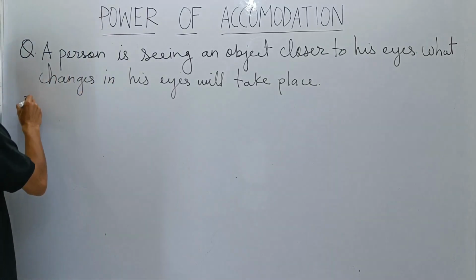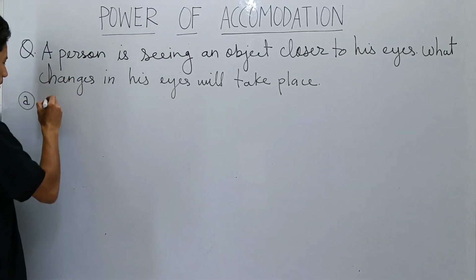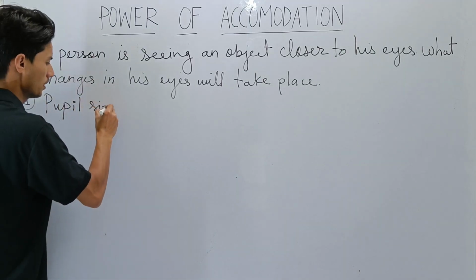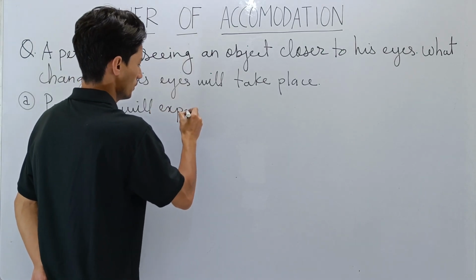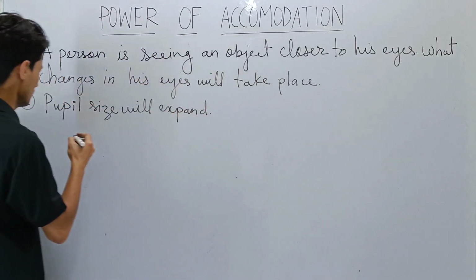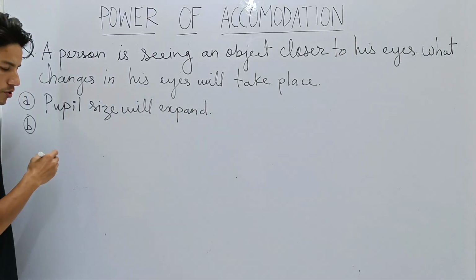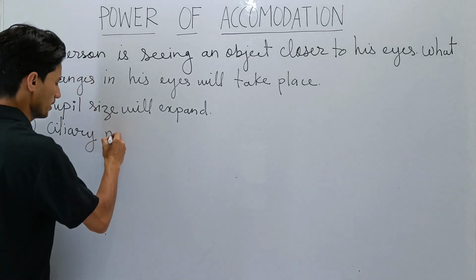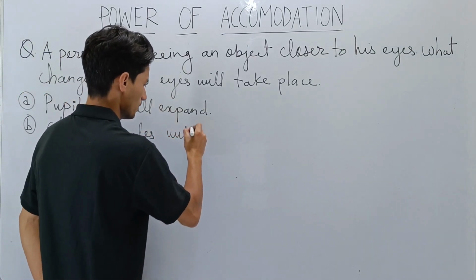The options are: A, pupil size will expand. Option B, ciliary muscles will contract.